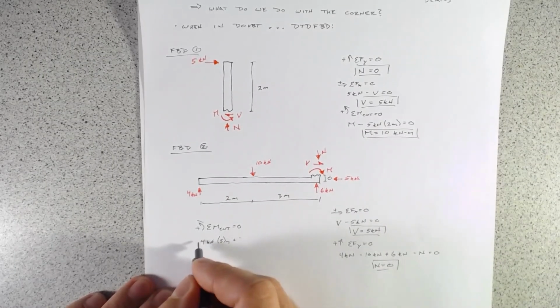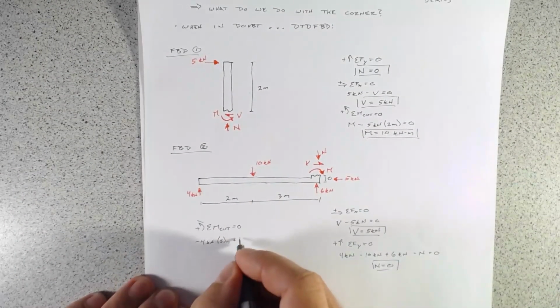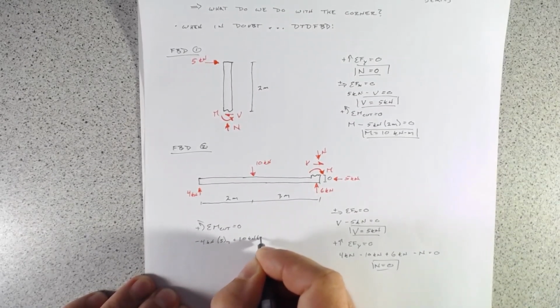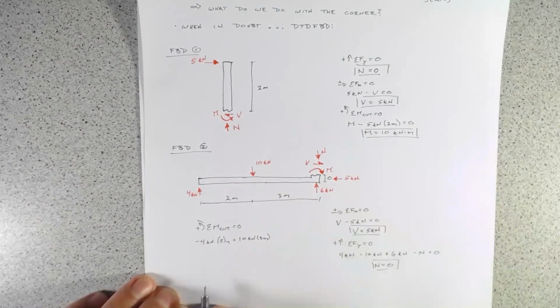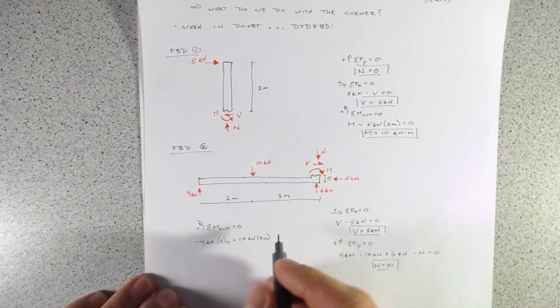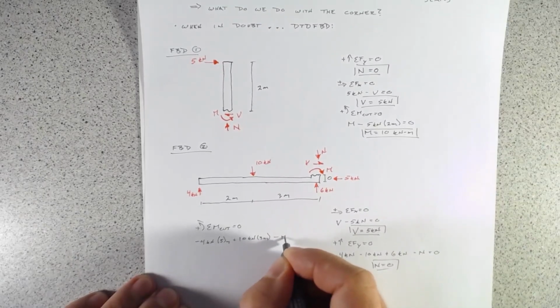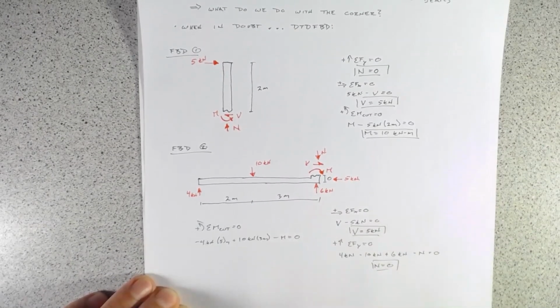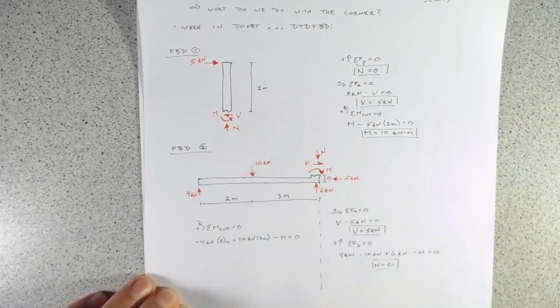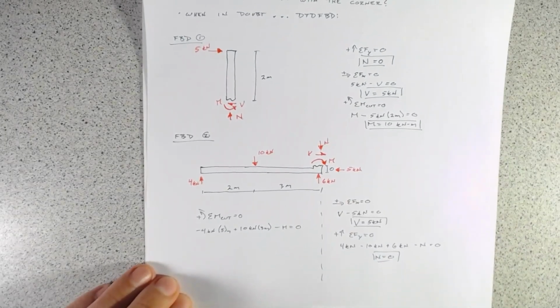and sorry, that's going in the negative direction, plus 10 kilonewtons times 3 meters away, and then a minus M, and that equals 0. And we'll just put a little line here just to make sure that we don't confuse ourselves.